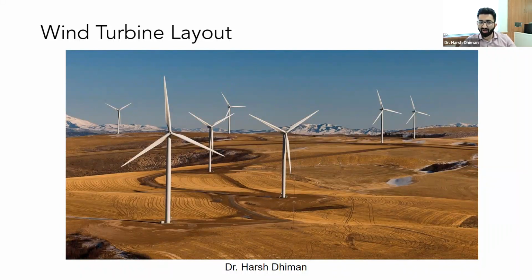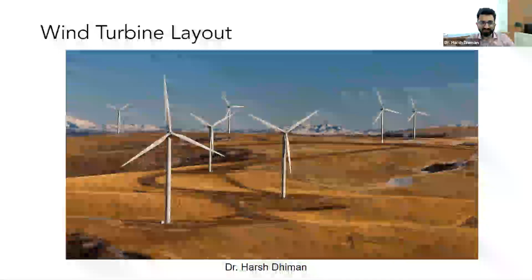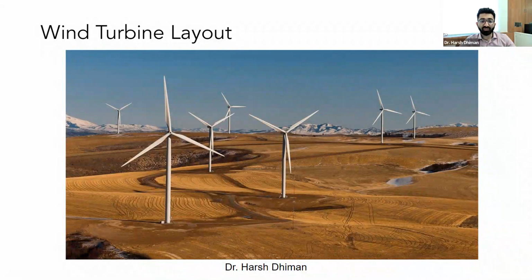Now, the principle of wind turbine operation states that the larger your wind speed, the more power is generated. There's a cubic relationship between power generated from a wind turbine and the incoming wind speed. So if your turbine is receiving less wind speed, you will generate less wind power.